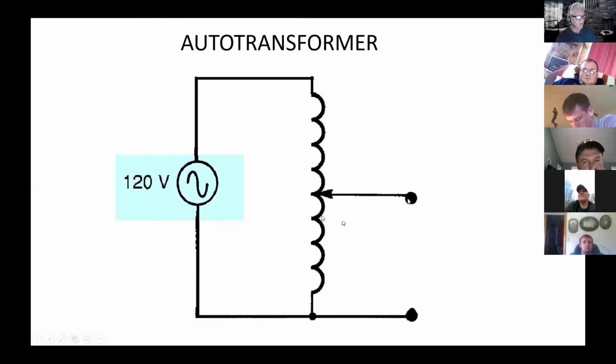So I can have this adjustable to vary this output. Probably a good example that I can think of are in our labs, we have those power supplies that have the dials on them to adjust the voltage. What's inside of that is a transformer like this that's actually changing the position of a tap on the secondary winding to adjust the available voltage.